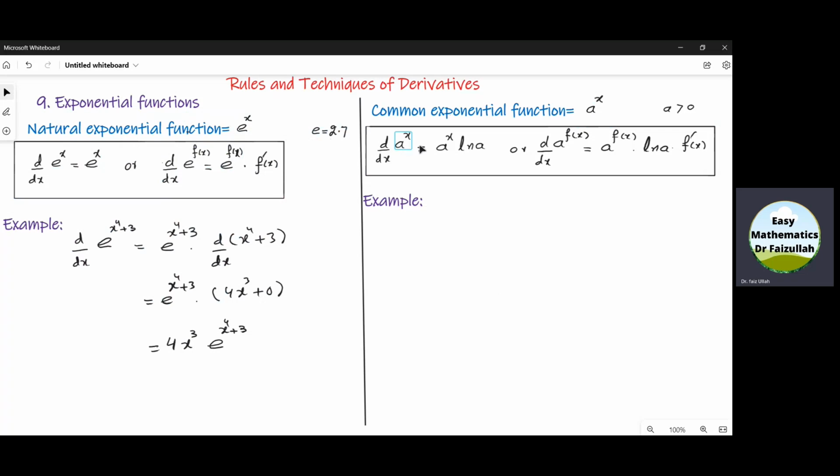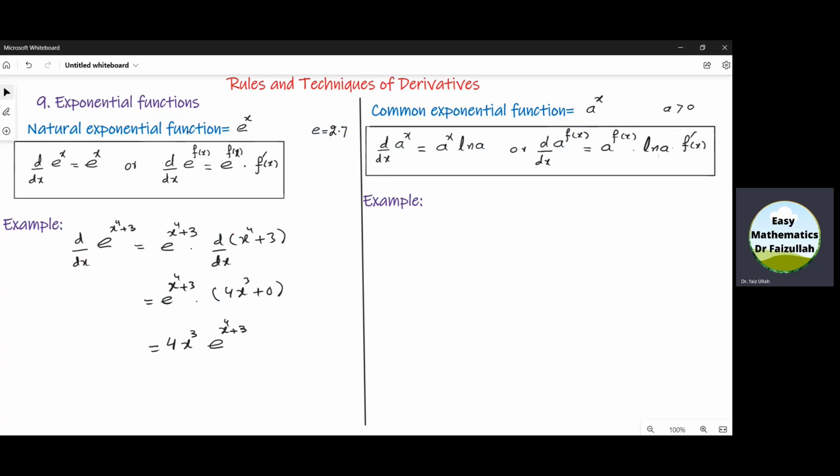So its differentiation is a power x into natural log of a. Now instead of x, if we have f of x, we shall differentiate it as a power f of x into natural log of a, and then differentiation of this function f of x.